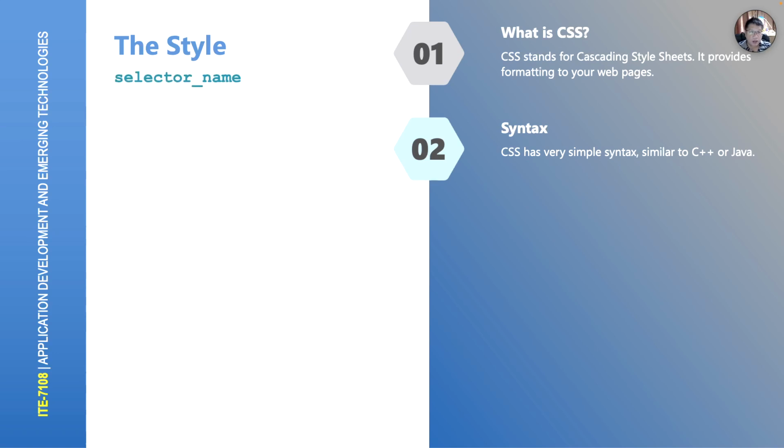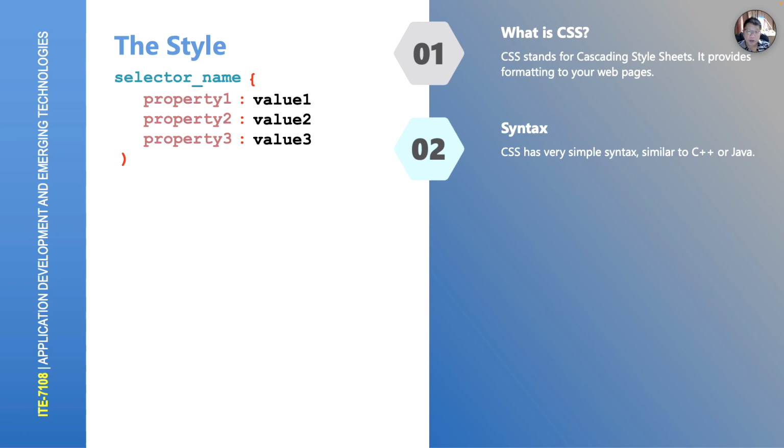Every CSS style is composed of a selector name, curly braces followed by a set of properties we want to modify, followed by colons after each property, and the value of the property we want to have. Each statement is terminated by a semicolon.